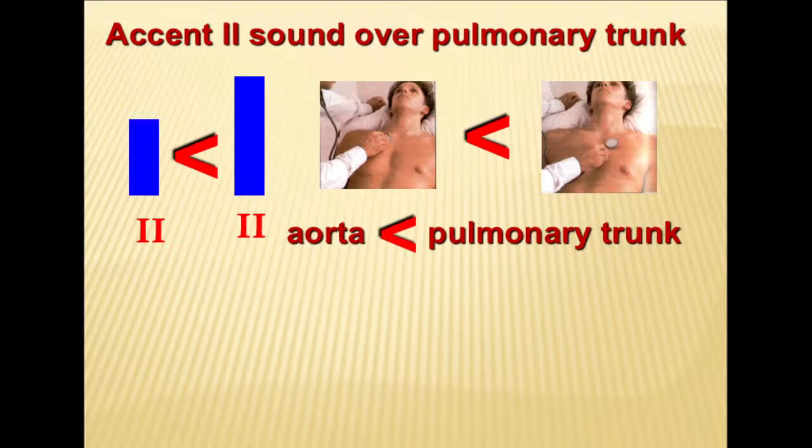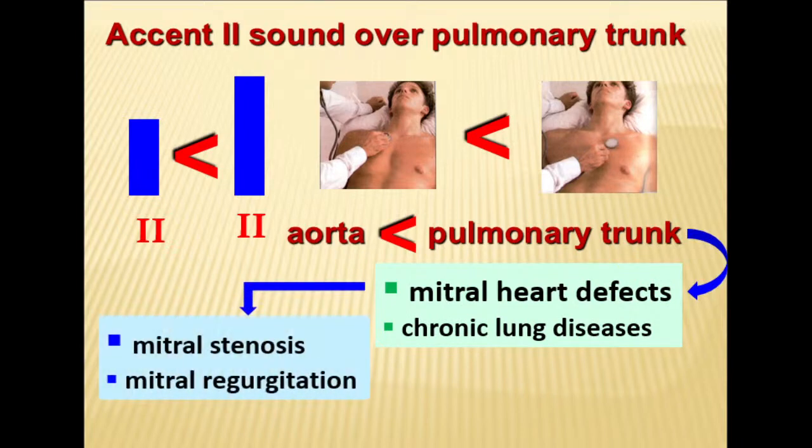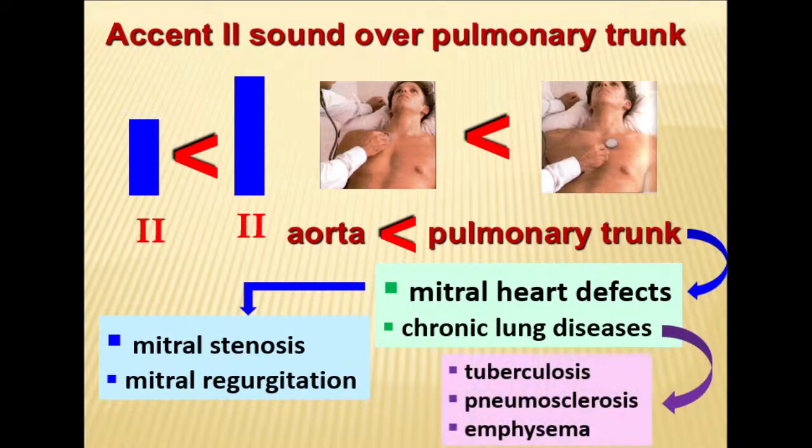We are talking about accent of the second sound over the pulmonary trunk due to increased pressure in the lesser circulation. There are mitral heart defects, mitral stenosis and mitral regurgitation, or chronic lung diseases, tuberculosis, pneumosclerosis, emphysema, all pathology which decreases elasticity of the lung.